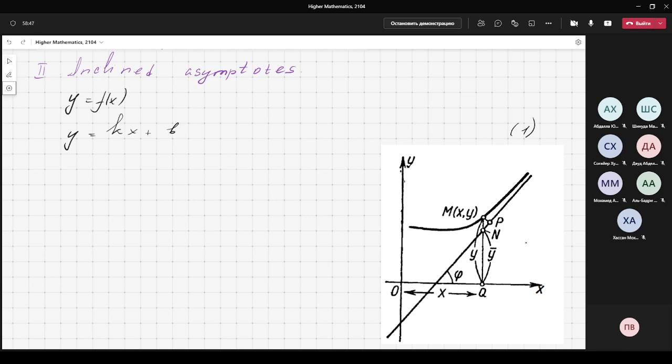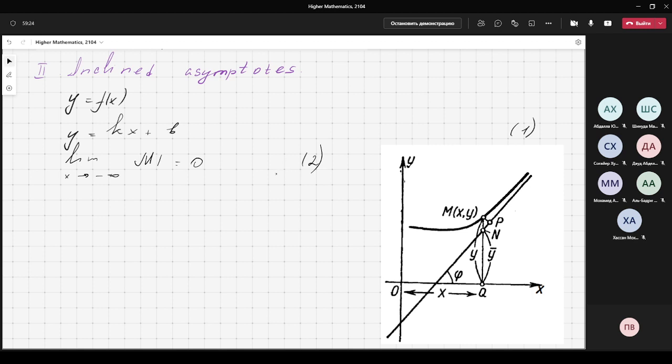The length of MP, from M to P, is equal to the distance from the point M to the asymptote. It is given that the limit as x approaches plus infinity of MP equals 0, formula 2.